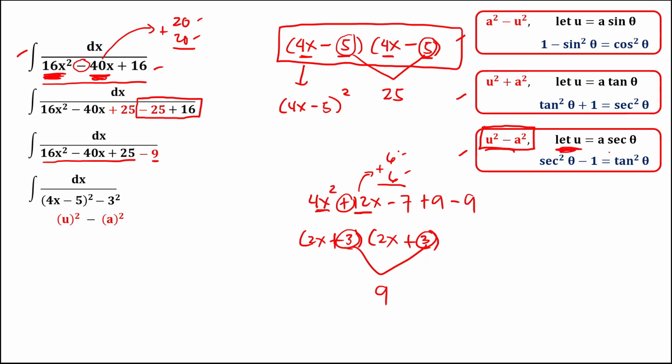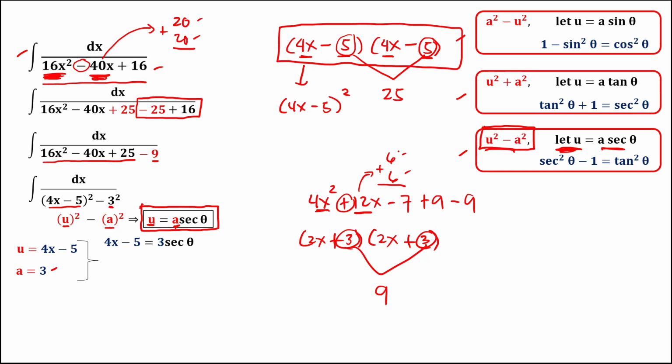Therefore, we let u equals a secant theta. Then we need to find the value for u and a. So u is equal to 4x minus 5. Then a is equal to positive 3. Then we need to substitute now the value for a and u from this equation. So we have u, and u is equal to 4x minus 5, then equals a, a is 3, then secant theta.